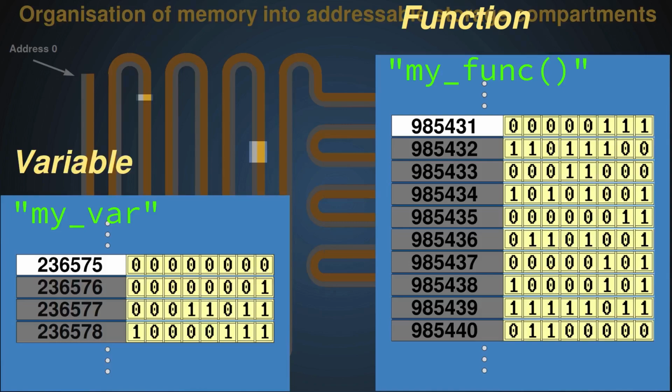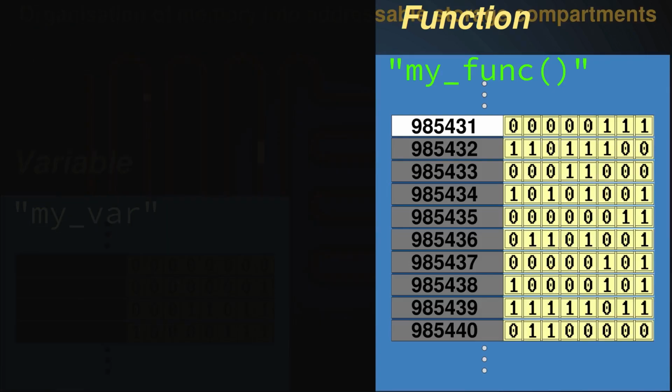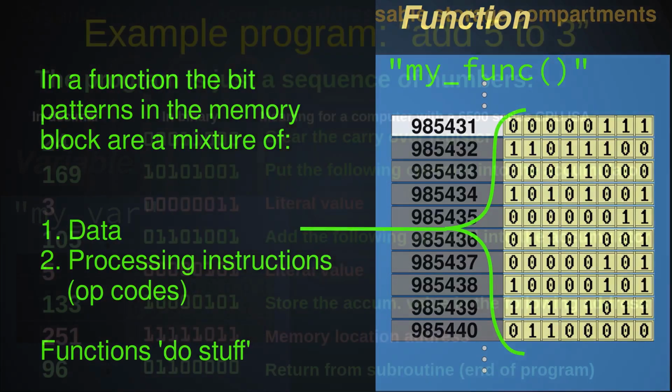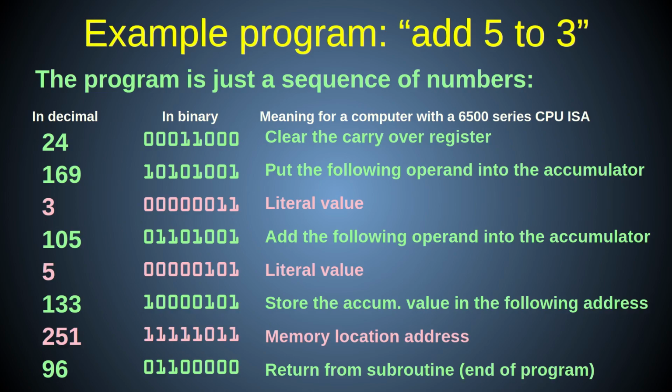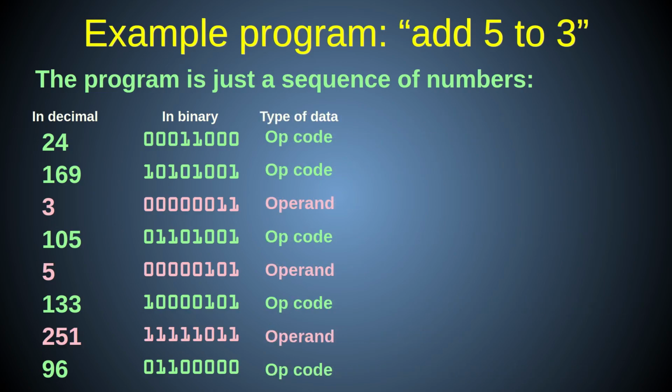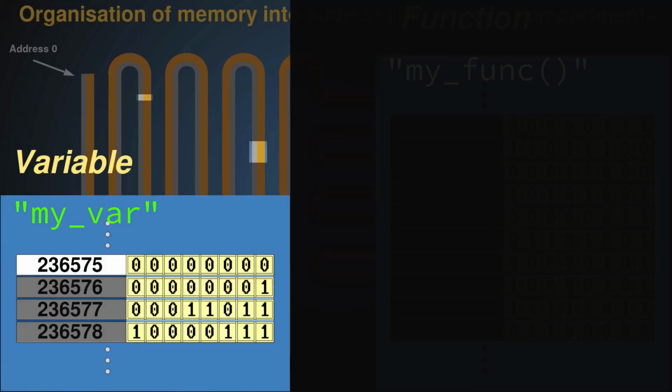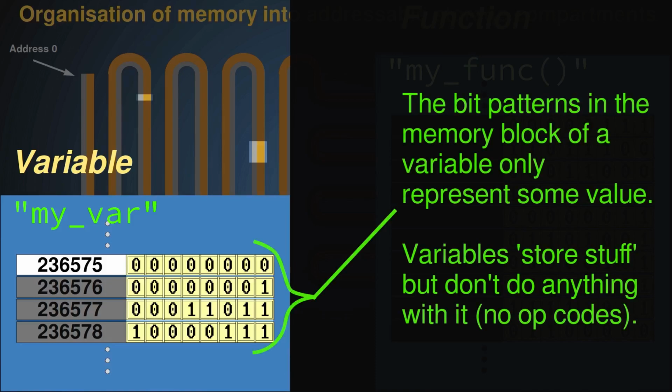functions and variables. Functions are memory blocks where the bit patterns stored represent both data and instructions that define processes to perform on or with that data. If you refer back to my first video, this equates to a collection of both operands, the data, and opcodes, the instructions. Variables are memory blocks used to store values only.